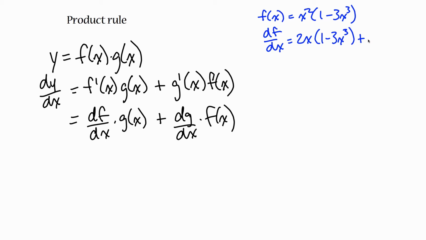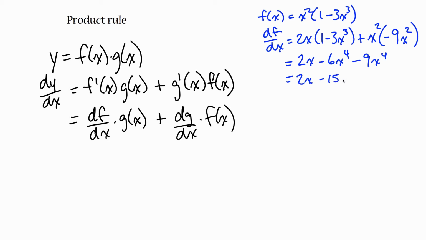And then it's going to be plus my first function times the derivative of the second one, which is minus 9x squared. Which gives me altogether 2x minus 6x to the 4th minus 9x to the 4th, which is 2x minus 15 times x to the 4th.